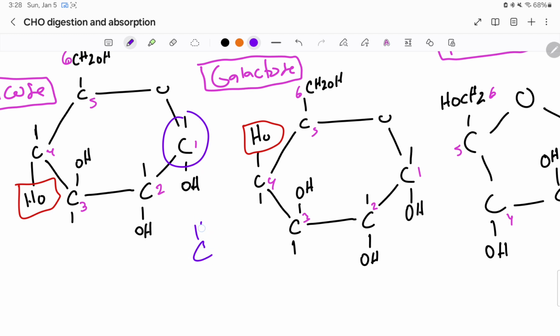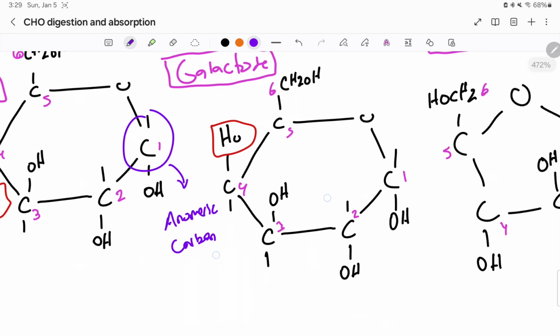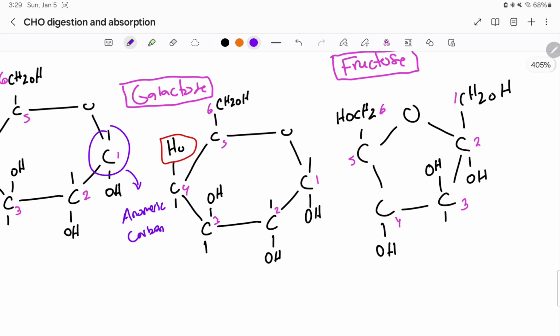A carbonyl carbon is usually written like this: a carbon doubly bonded to an oxygen, with one R group and another R group. The R group is just some sort of carbons attached to it. It doesn't matter, but the point is this is known as an anomeric carbon, and the position of the hydroxyl group on this anomeric carbon is very important. I'll talk about that a little bit later.